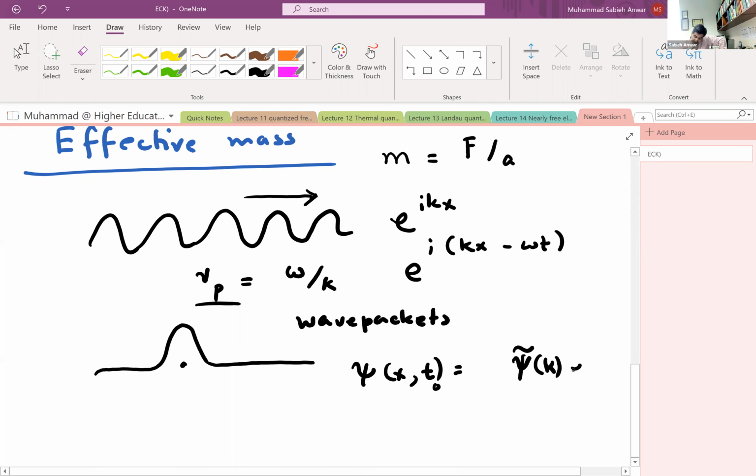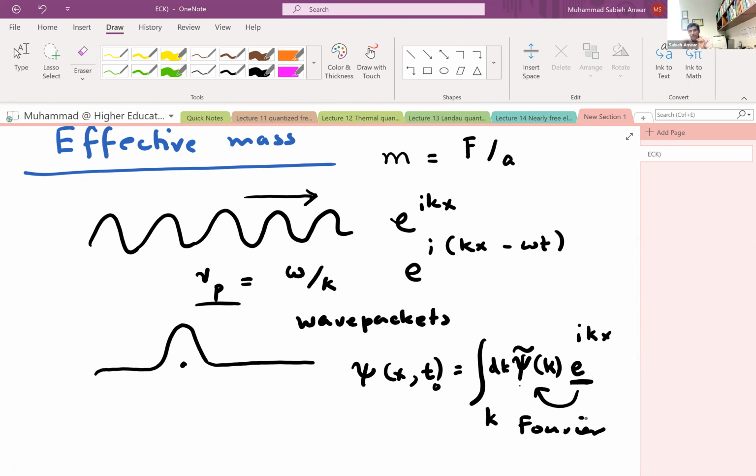You sum up over all the values of k. Each plane wave is being modulated by a Fourier coefficient, and if you fine tune your Fourier coefficients, you can construct this wave packet.